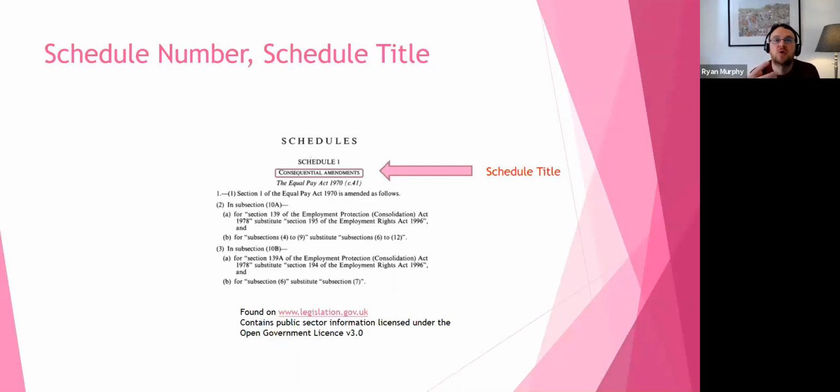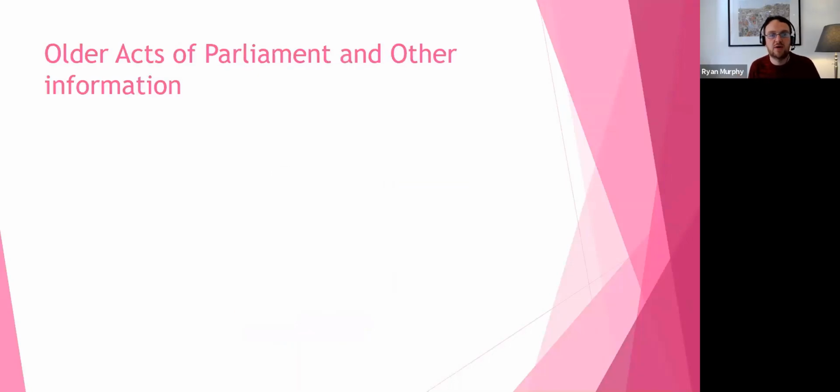What a schedule is really handy and really useful for is that it can list all the things that have been changed as a result of this Act of Parliament, or equally, it can lay down all the things that have been repealed as a result of this Act of Parliament.